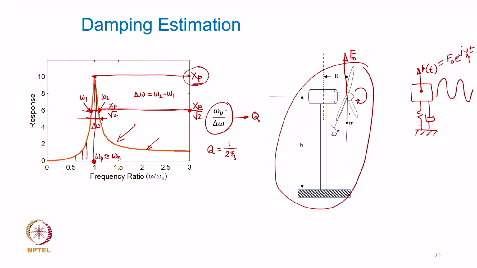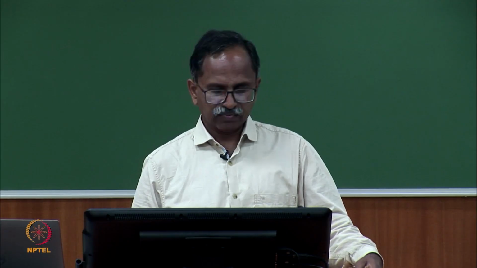Then that ratio can give me a numeric value of the quality factor, and because quality factor is equal to 1 upon 2 zeta, what is the relevance of doing that? I can assess the damping in the system, that is what damping estimation is, right. What is the alternate way of finding out the damping in a practical vibratory system?